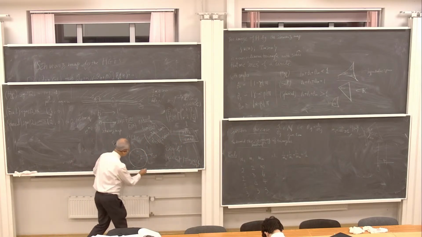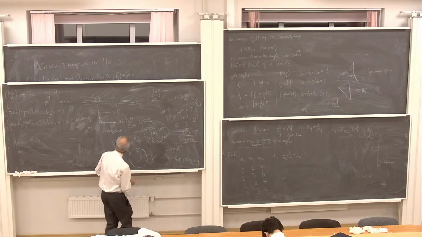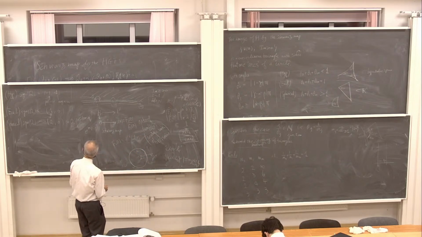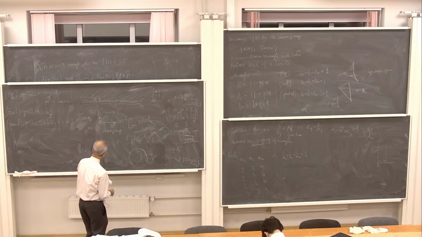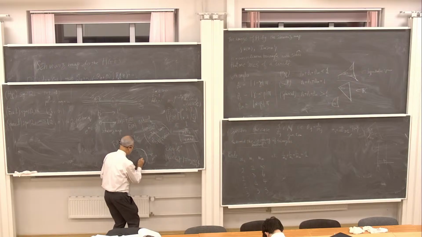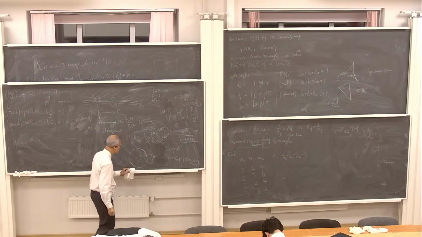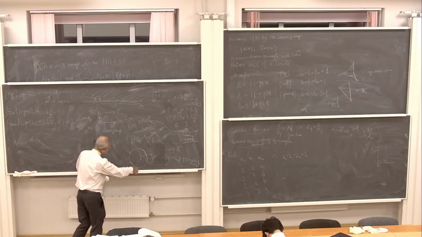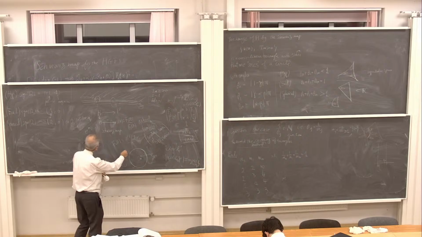So this is the conjugate point. Sorry, rather, we are thinking about the value of u. We consider it as the u plane.